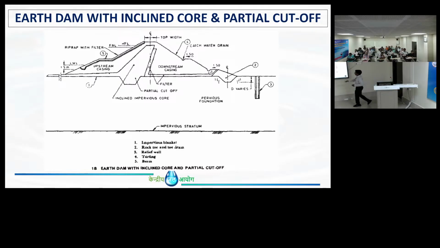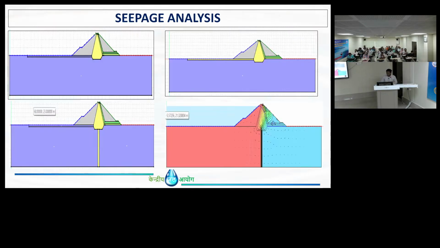Sometimes, to arrest the seepage, we have a complete blanket or diaphragm wall. You cannot extend the clay core up to this level, but what we can do is excavate a 1 meter thick trench and fill it with concrete. That is called a diaphragm wall. So that's three options we have studied here. In the first option, with no treatment, what is the seepage?